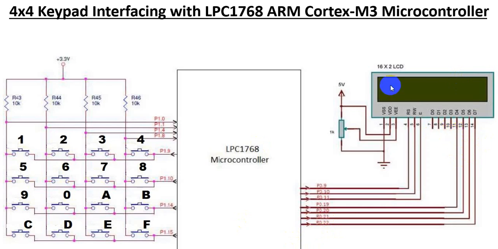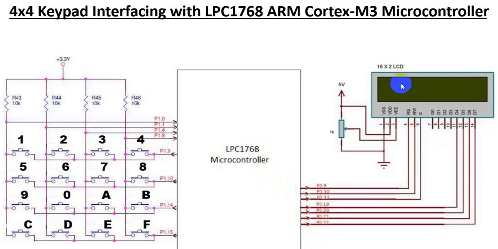Why? Because we have a mode in LCD which is called 4-bit mode. And this mode basically we use to reduce the number of IO pins. See, if I had connected D0 to D3, then I should have used 4 more pins of LPC1768.